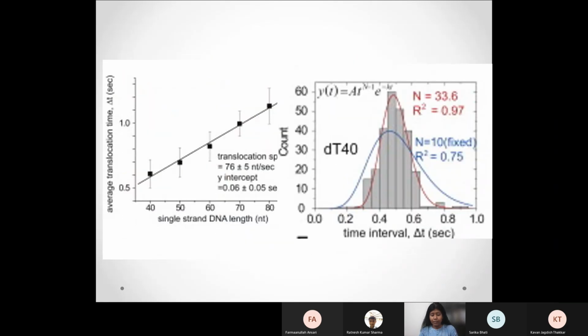And the idea is that in this very system, if you keep increasing the length of this single-stranded stretch of DNA, it would take longer to reach the 5 prime end as the DNA is looped.